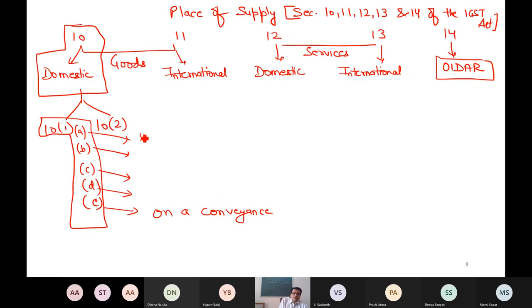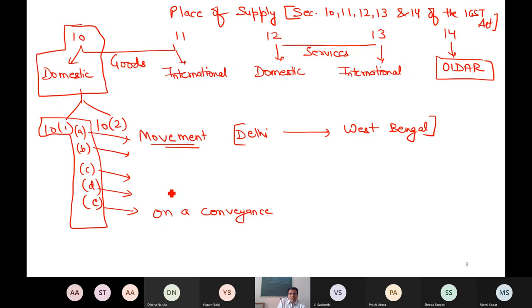When goods require movement, like purchasing goods from Delhi, and these goods have to reach West Bengal, in this case goods require movement. I will apply 10(1)(a). Then, many times goods are so huge that movement is not possible.